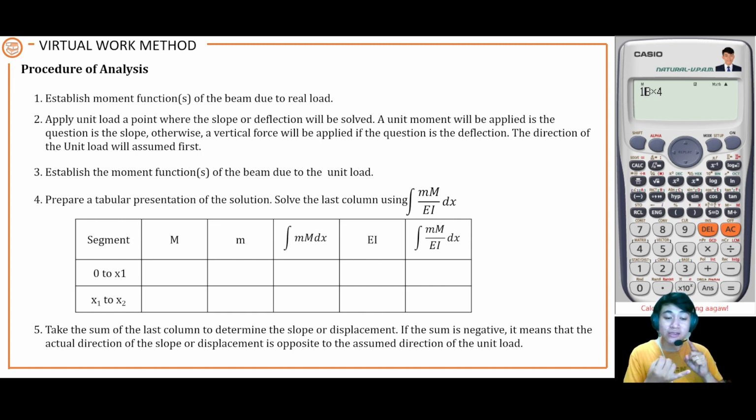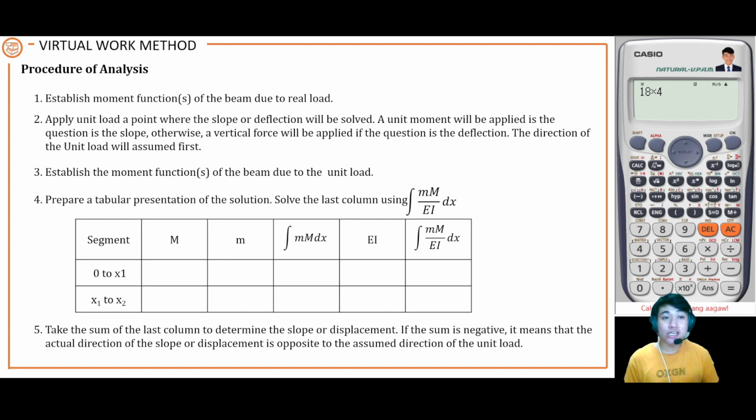First is to create shear and moment functions, and the other one is the area method. So here, we are going to use moment functions. We are going to create equations that will give us the moment at any point of the beam. That is the first step.